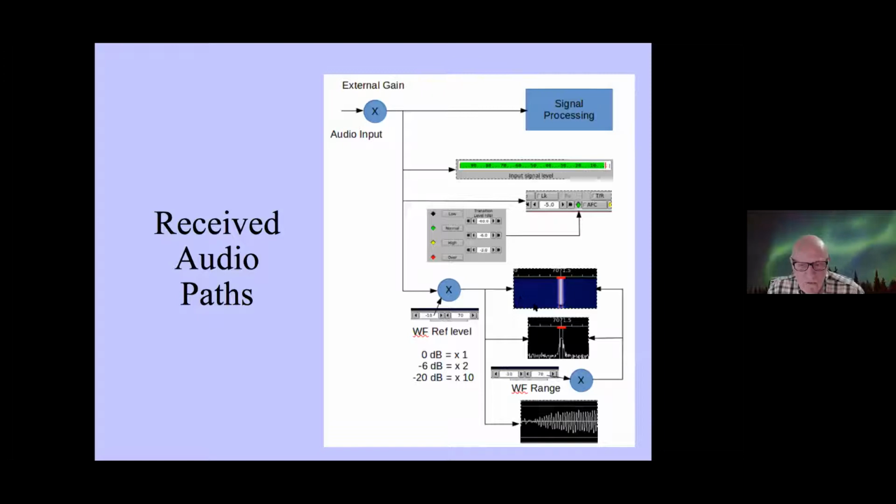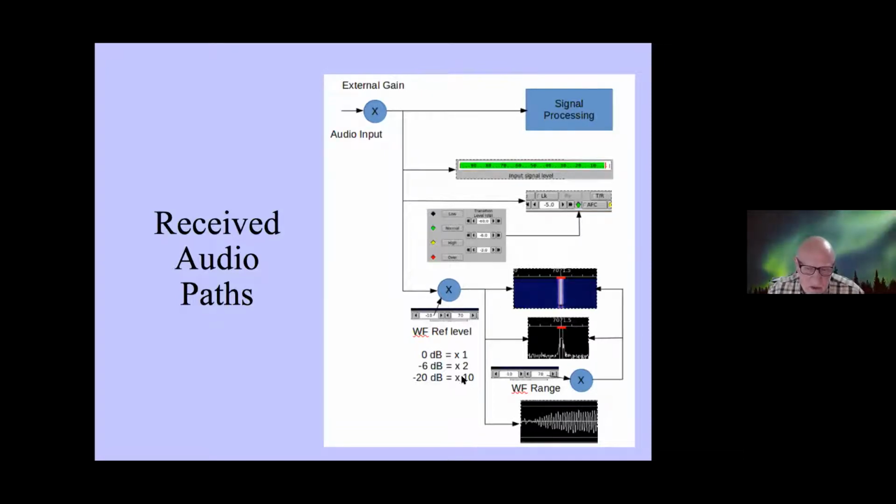There's something called a waterfall, which we're going to go over in a little bit, that lets you visualize the signals. You can see what the signals look like. There are two controls associated with the waterfall. One is the reference level, which you can think of as the gain of the system, and then there's a dynamic range associated with that, how far down you can see. So this -10 is basically the reference level, and this one controls how deep in the signal you can look.